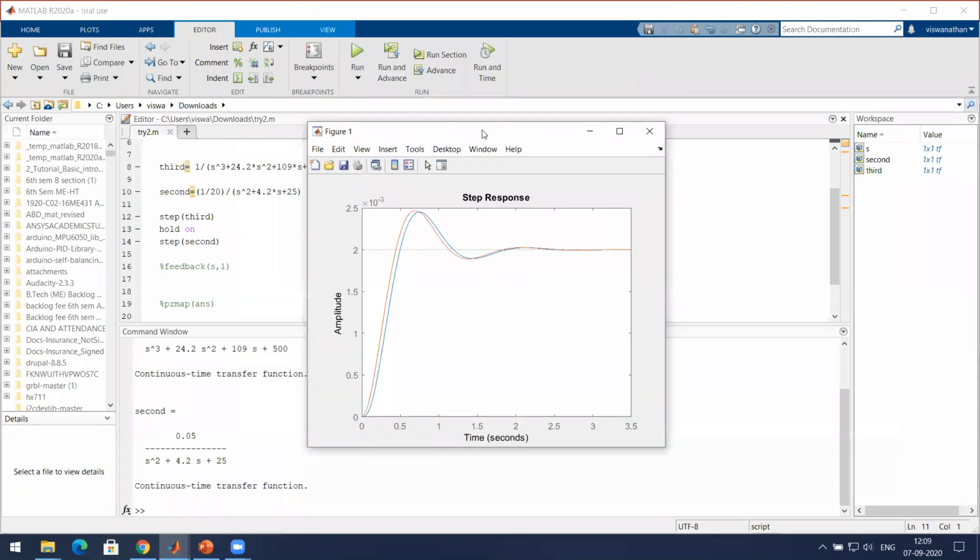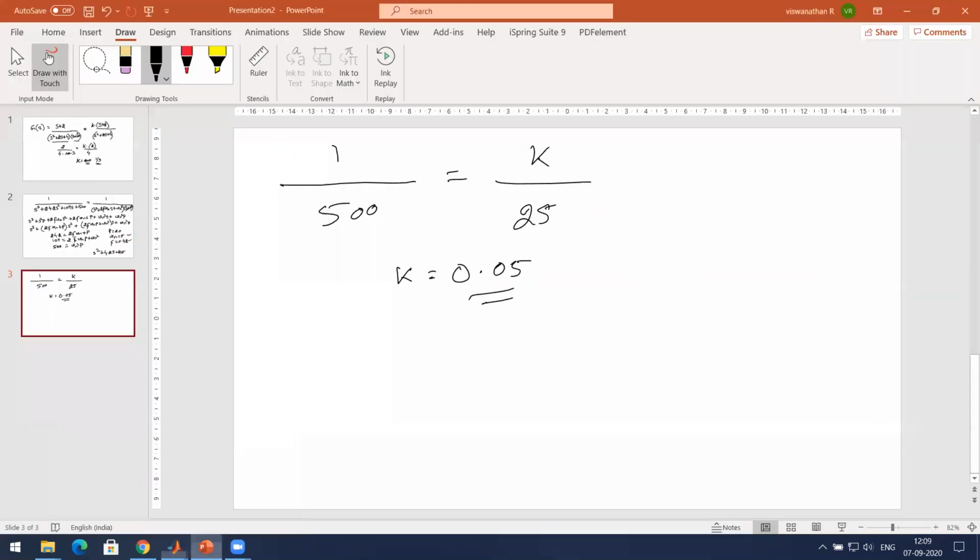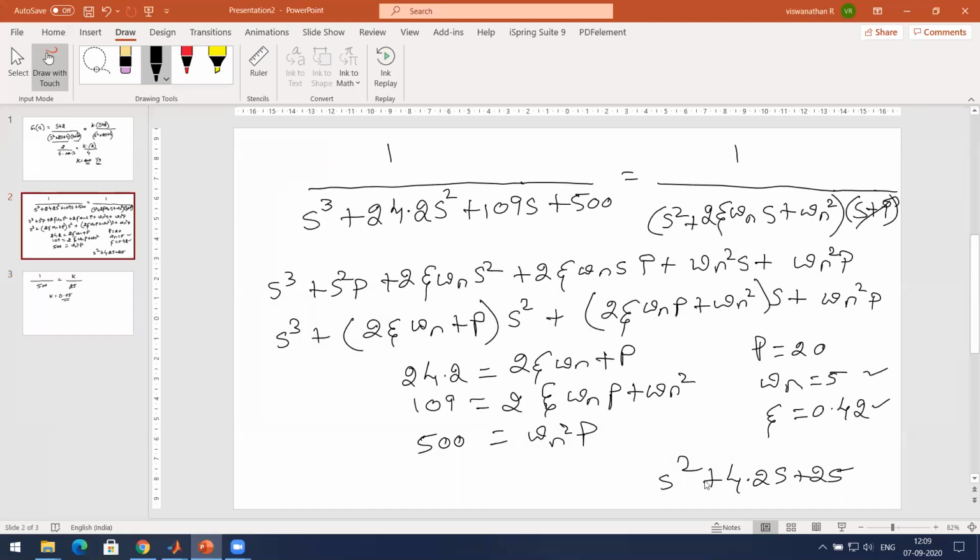These are not exactly equal, and this is done for the benefit of calculating the system response through hand calculations. It is not 1 divided by s square plus 4.2 s plus 25, it is 0.05 divided by s square plus 4.2 s plus 25.